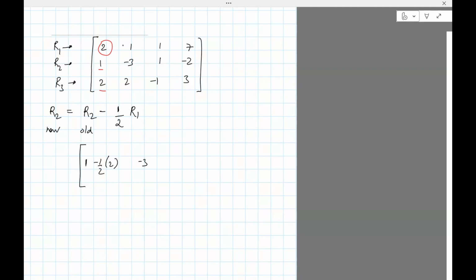Second one, we have minus 3. You keep it as it is, row 2, minus half of row 1, which is this one. Then we have 1, old row 2, minus half of first row. And then minus 2, minus half of row 1. Okay, everything else remains the same.